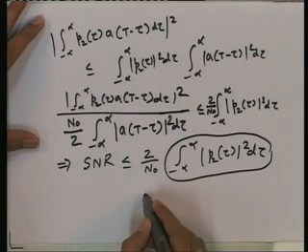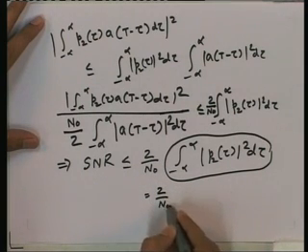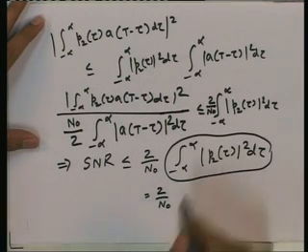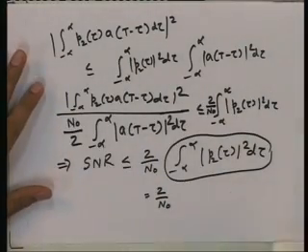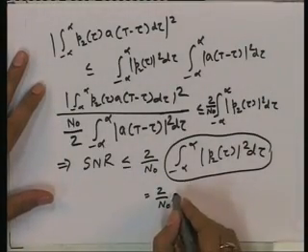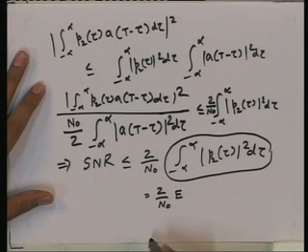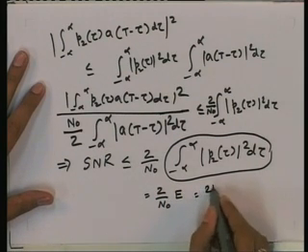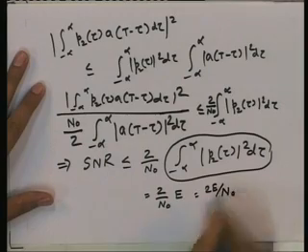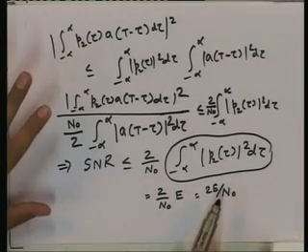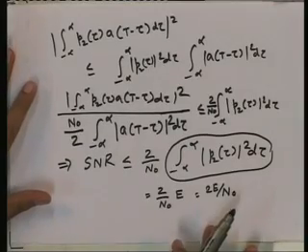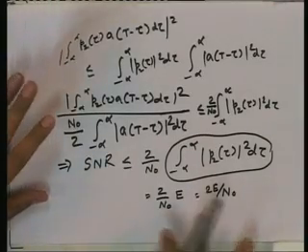So this is 2 by N naught times the energy of P2. Let us call it E, then it is 2E by N naught. So SNR is less than or equal to 2E by N naught. That results from using Cauchy-Schwarz inequality.